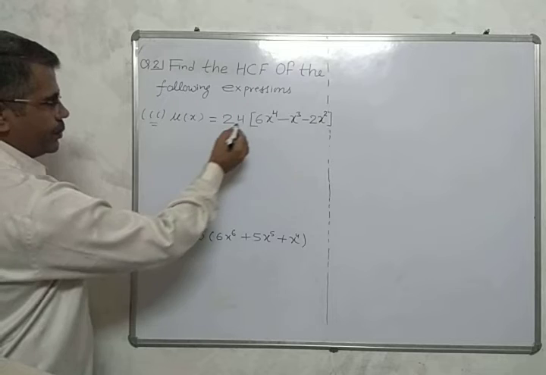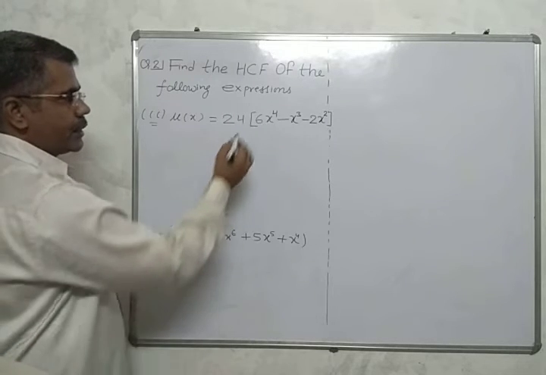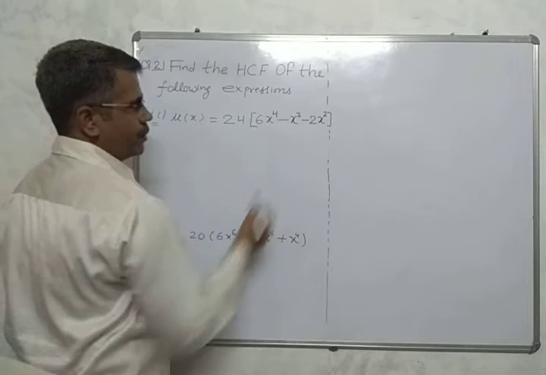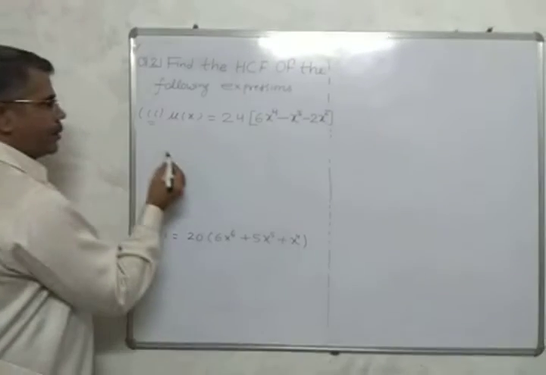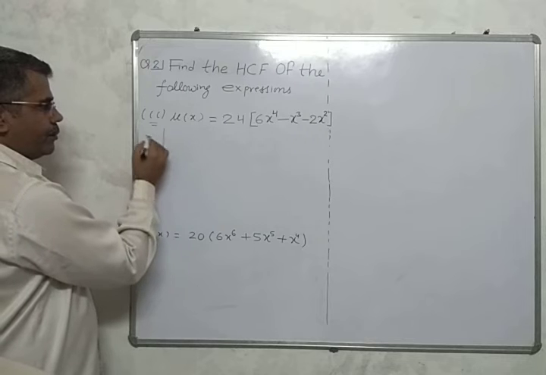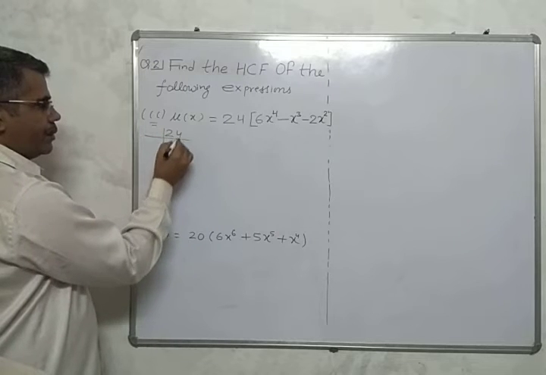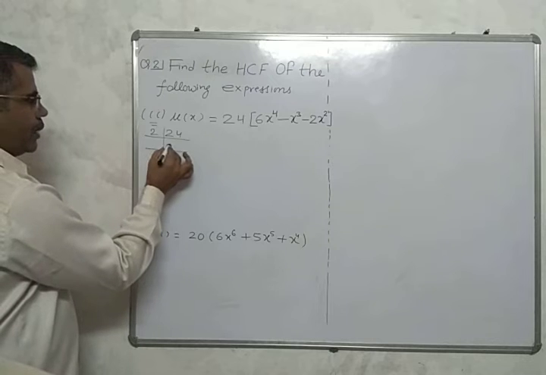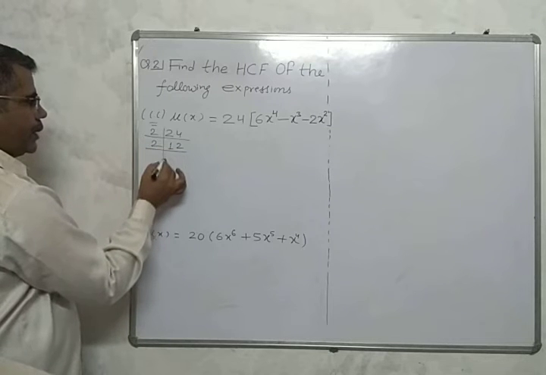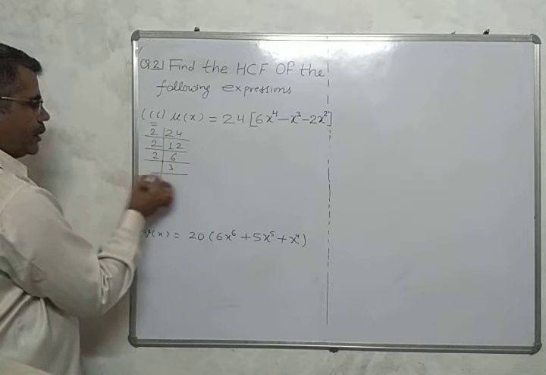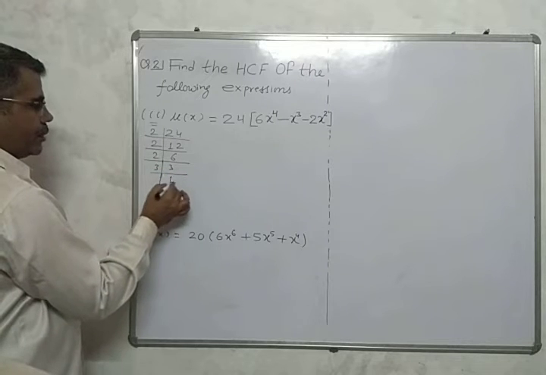But u(x) equals 24 bracket 6x to the power 4 minus x cube minus 2x square bracket close. We first find the prime factors of 24. 24 divided by 2 we have 12, again divided by 2 we have 6, and 6 divided by 2, 3, and 3 divided by 3, 1.